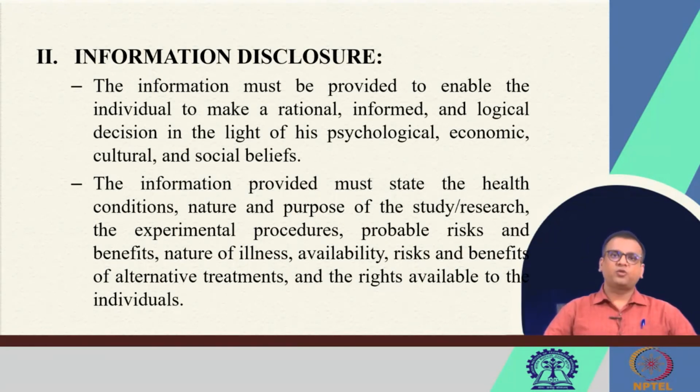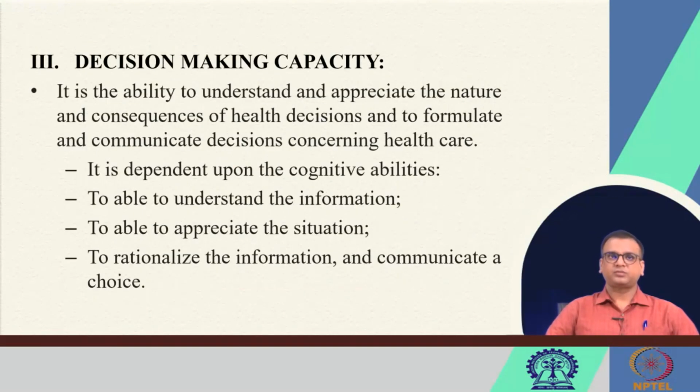The information provided must state the health condition, the nature and purpose of the study or research, the experimental procedures, probable risks and benefits, the nature of the illness, the availability, risks and benefits of alternative treatments, and the rights available to the individual. So, this is also a very important element of informed consent, that is, information disclosure.